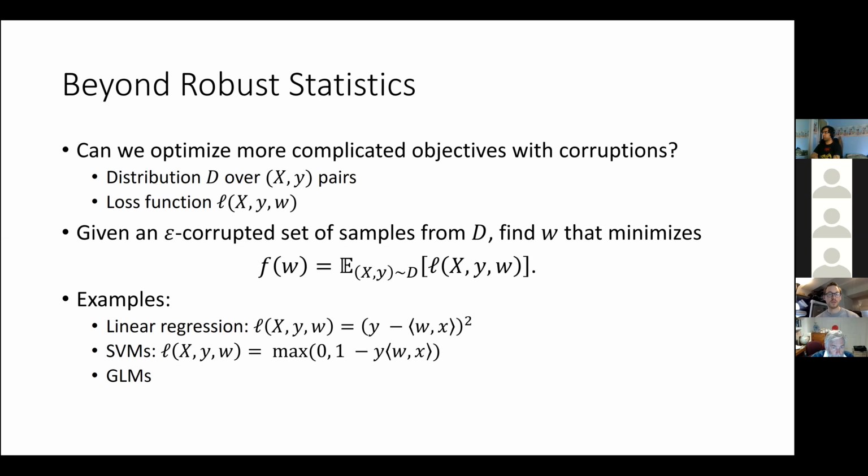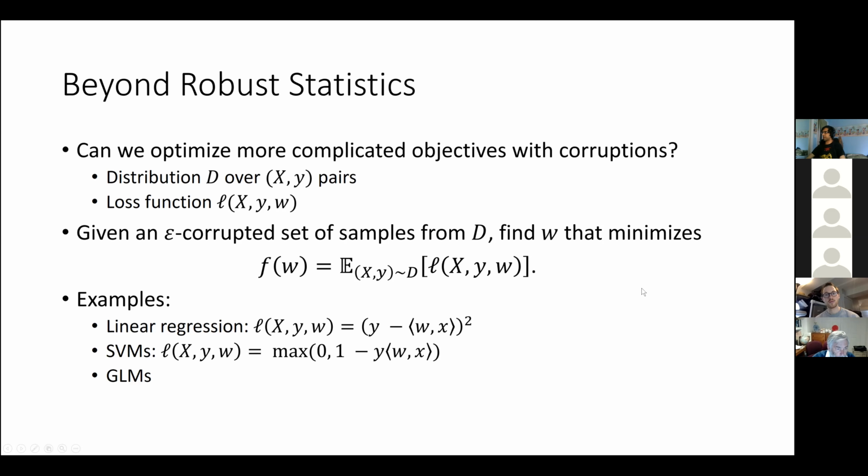We have slightly different guarantees for that setting. The goal is to minimize this, where an epsilon-corrupted set is defined as before, and we let the corruptions change both the data points as well as their labels, really arbitrary changes.